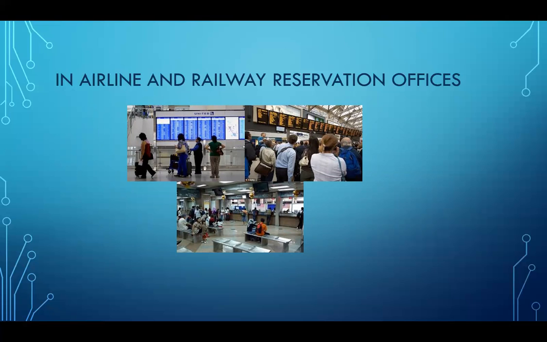You can also read in your book, page number 5. There they explain very well how the computer is used in airline or railway reservations. So people book tickets from any town or any city. Even now you can book your seats or tickets online. Due to COVID-19, everything is going online, and even you children use computers for your classes, so you can see how important the use of computer is nowadays.